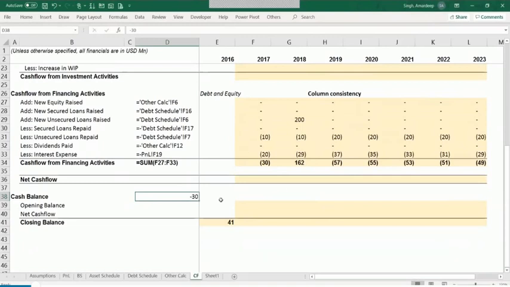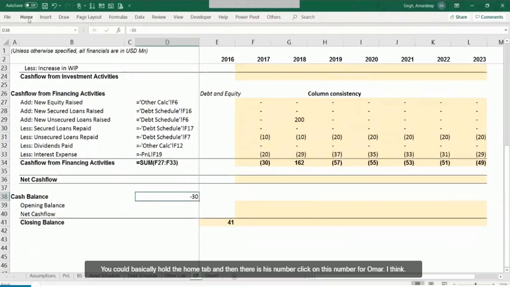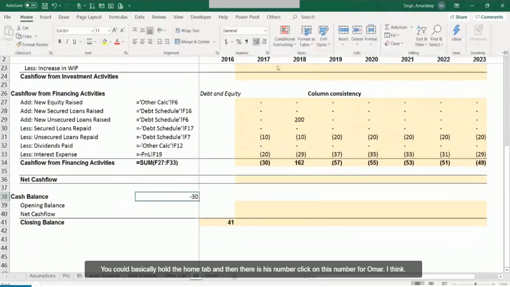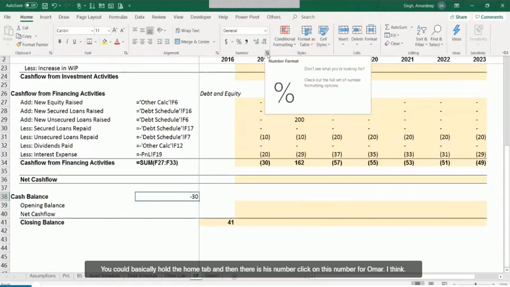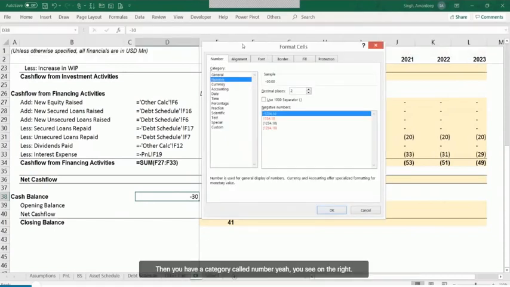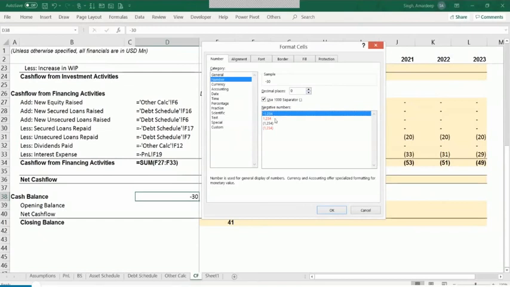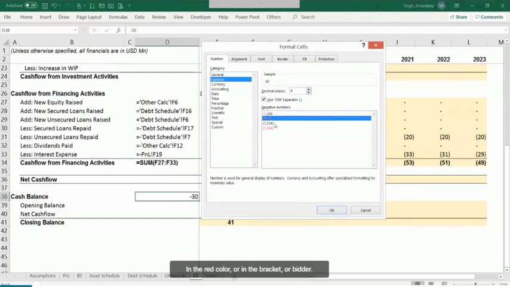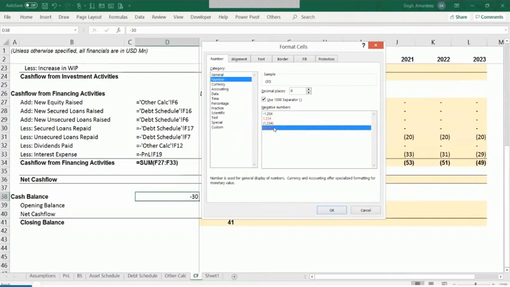You go to the home tab, and then there is this number. Click on this number formatting, wherein you have a category called number. Here on the right hand side, we've got all of these formats. Do you need a decimal place? No, I don't. And negative numbers, you can show as a minus in red color, or in a bracket, or with a red color bracket.